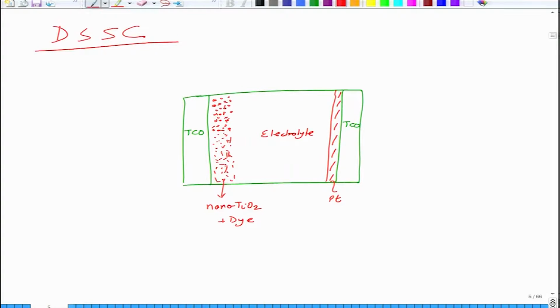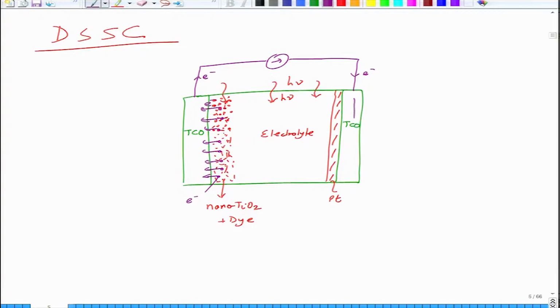So, essentially the light is absorbed, the electrons are produced, these electrons are transported to this side, and then the electrons go to the other electrode.